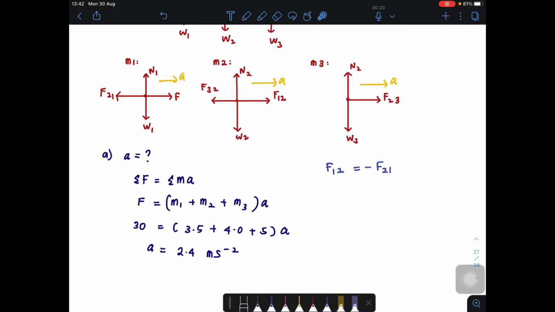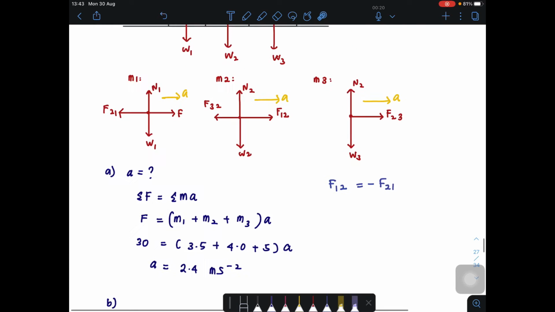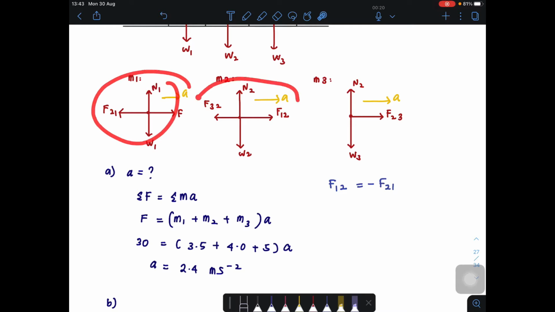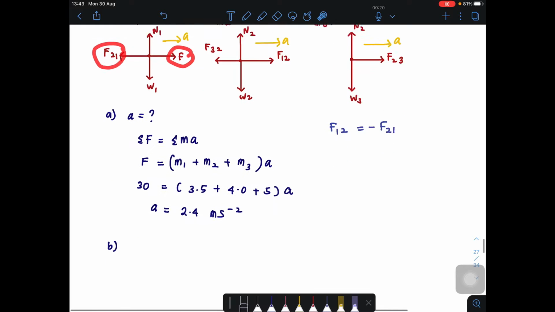Since we only want magnitude, we don't need to include the negative value at the end. So how do we find this? Kita boleh gunakan FBD, either this one or this one. Tetapi paling senang adalah kita gunakan this one, sebab we already have this value here.